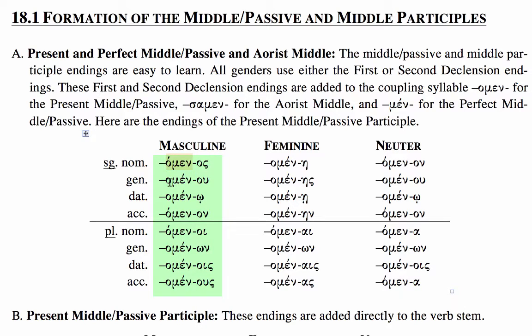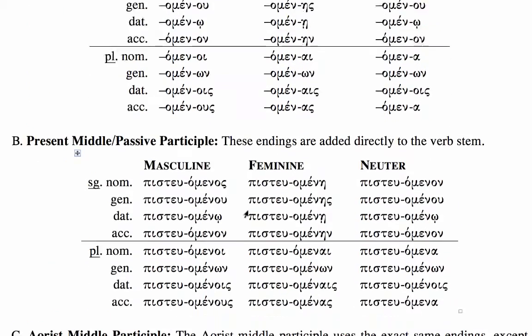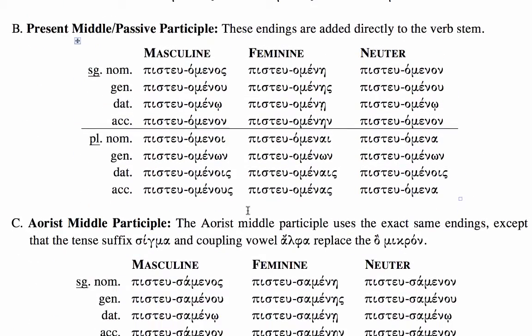Omenos, omenu, omeno, omenon. Omenu, omenon, omenus, omenus. Then for the feminine, omene, omenes, omene, omenen, omene, omenon, omenes, omenas. You can see those forms. So very simple to learn. For the present middle passive form, what you do is simply add these endings onto the verb stem.